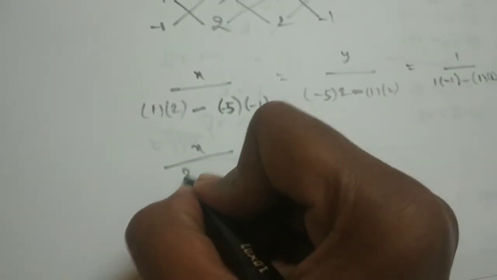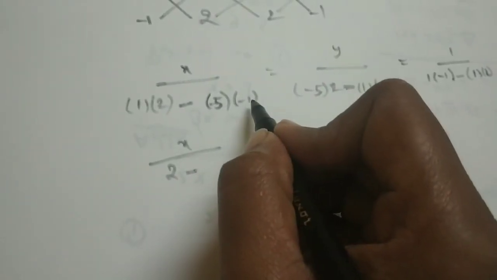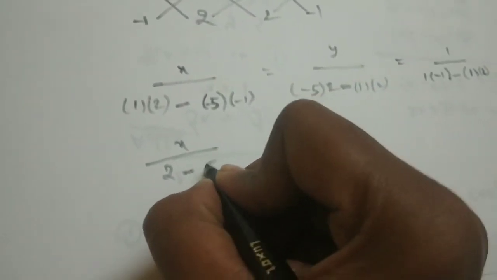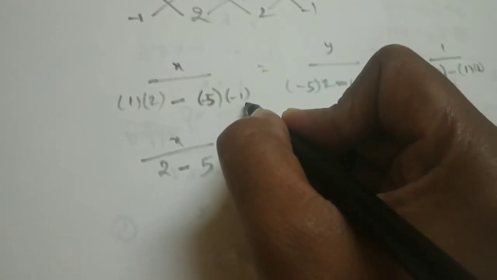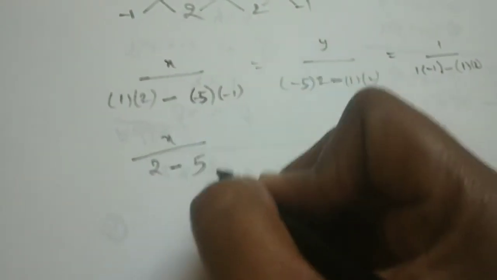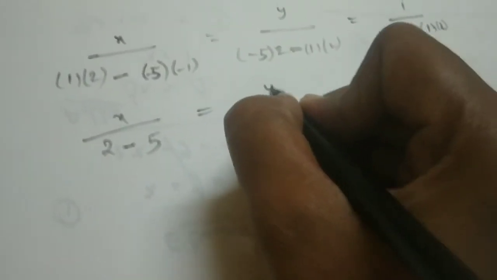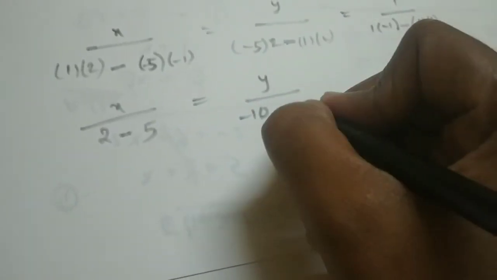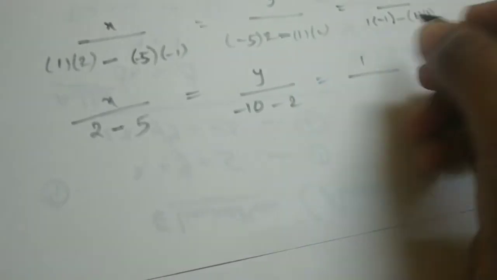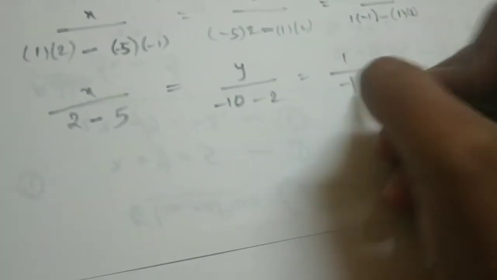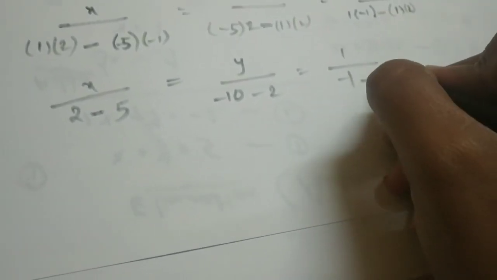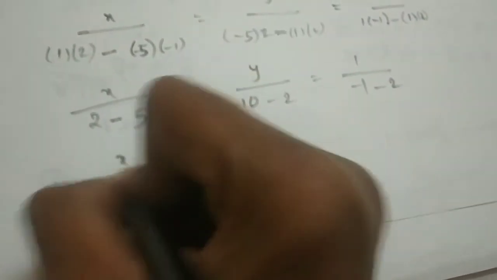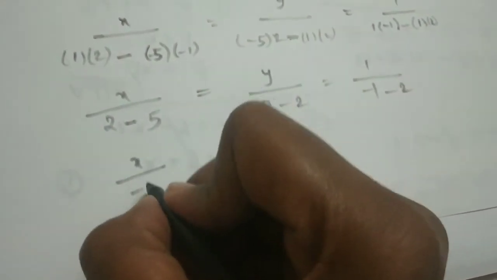Okay. Now you see x by 1 into 2, 2, minus of minus 5 into minus 1, plus 5. Here minus is there, so x by 2 minus 5, minus 3, is equal to y by minus 5 into 2, minus 10, minus 1 into 2, 2, so minus 12, is equal to 1 by 1 into minus 1 is minus 1, minus 1 into 2 is 2, so minus 3.